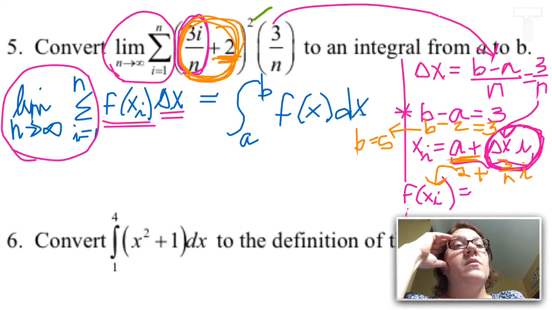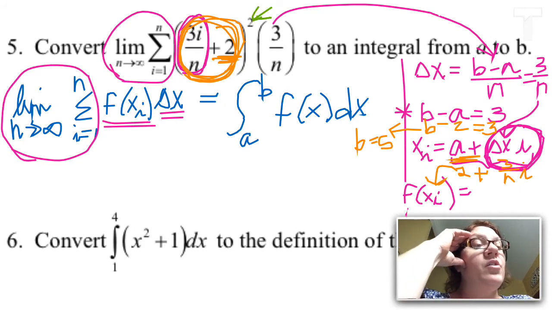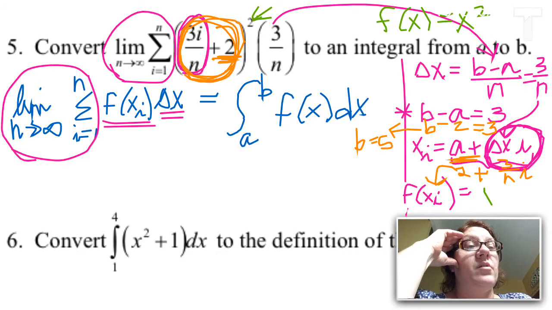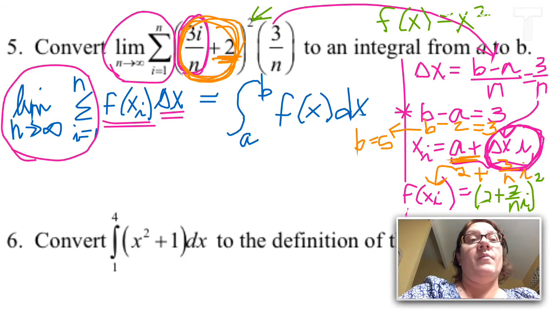So that means that my function, my f of x, had to be x squared. So that down here when I plug it in and I find f of x sub i, I would have plugged in a 2 plus 3 over n i and then squared it. And that's exactly what happened up here.